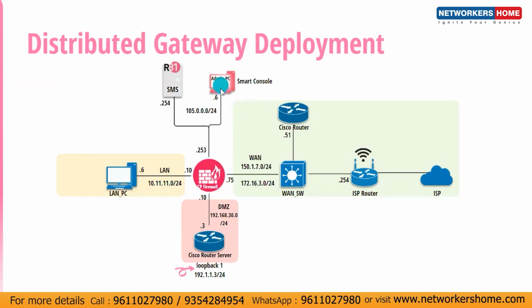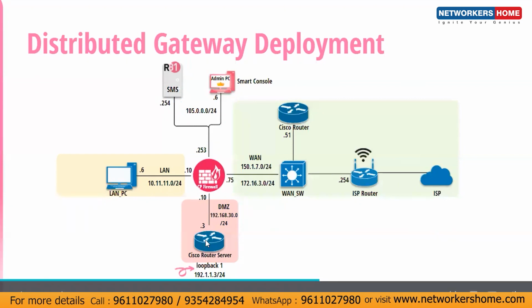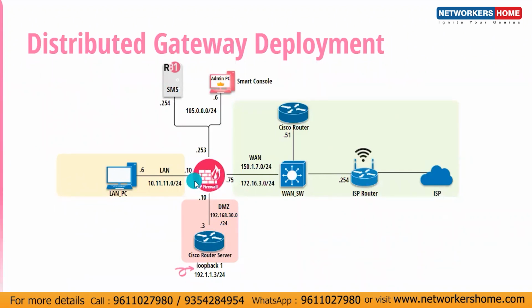I'll be connecting through this admin PC to the SMS server and also to the firewall management interface. In the firewall, I'll also have the LAN, WAN, and DMZ zones, and these are the respective subnets of each. And also we can see the IP addresses configured at these interfaces.